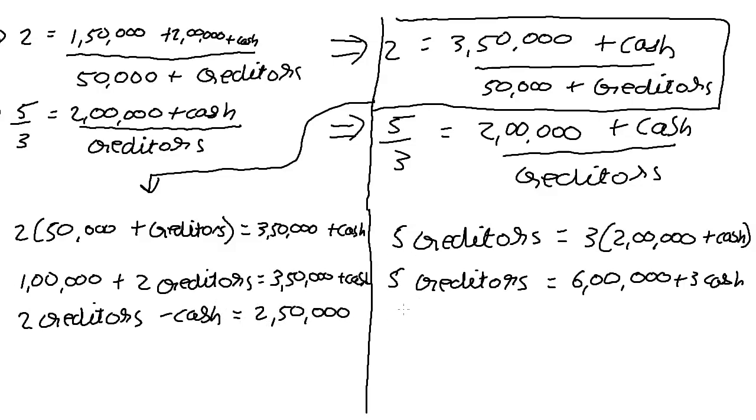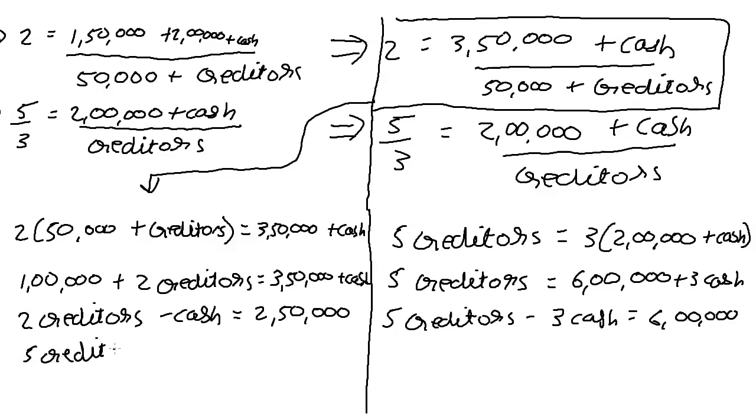Similarly, we can write 5 times creditors minus 3 times cash is equal to 6 lakhs. And that is what I'm going to write over here. So 5 times creditors minus 3 times cash is equal to 6 lakhs.